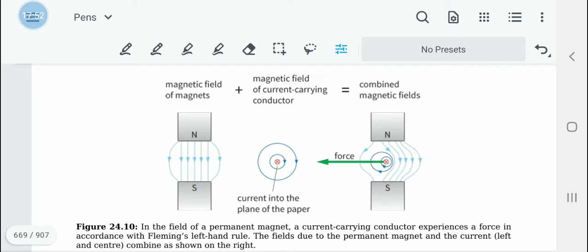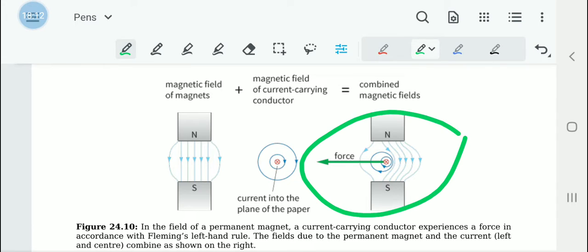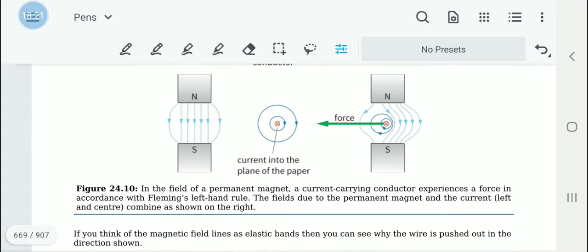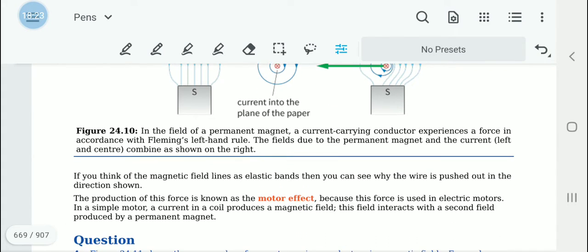Then what happens is there is a force, because this field is generated within and around this plane. You can see that there is a combined magnetic field like this, right? So that happens all based on Fleming's left hand rule, right?